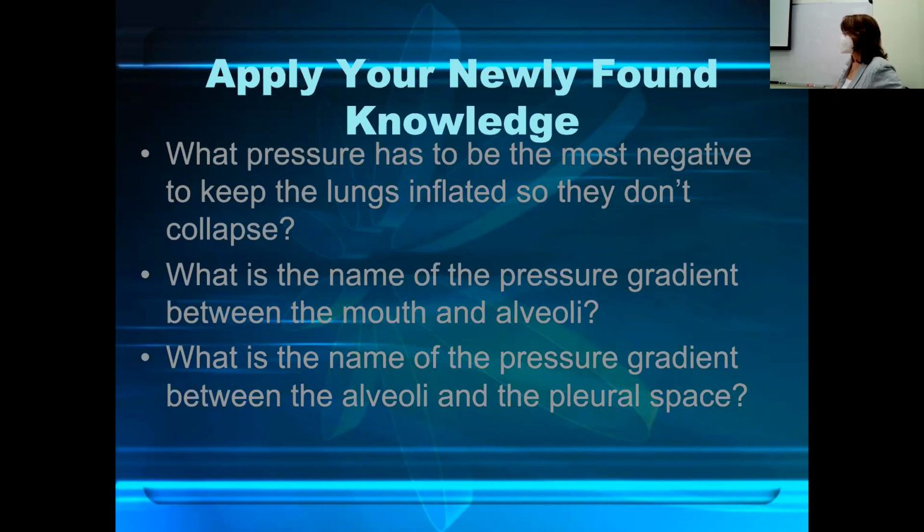What's in the pleural space? That's PL. PA is the alveolus. PL is in the pleural space. So that's outside of the lung tissue. The alveolus is inside the lung tissue. Yeah, so it would be the pleural space. Very good.